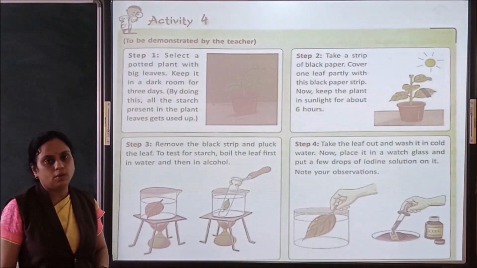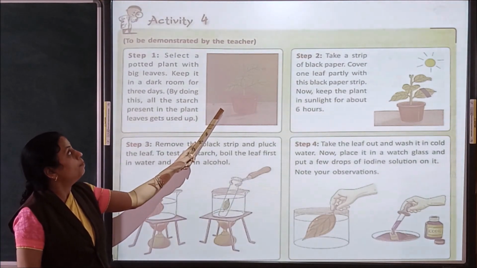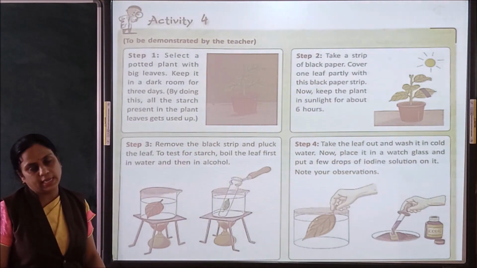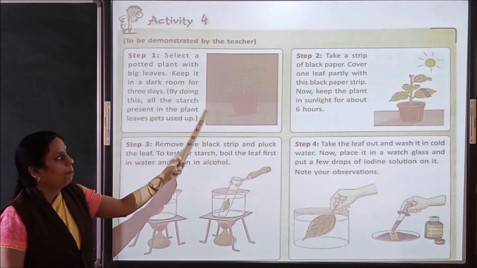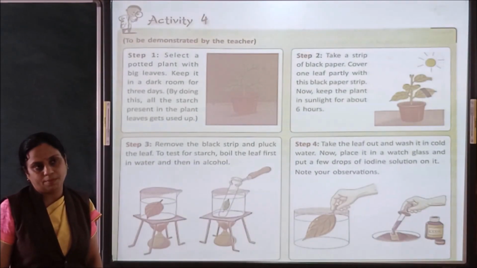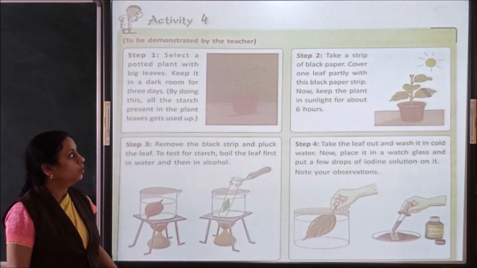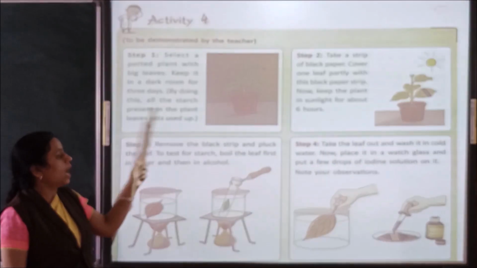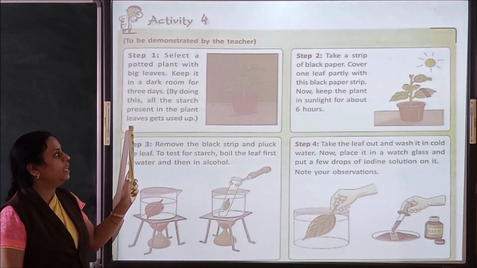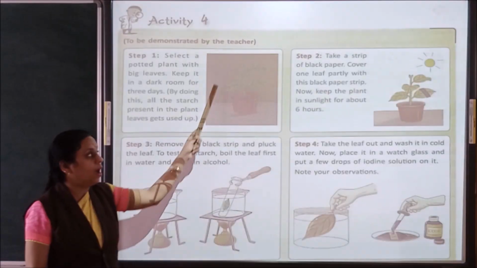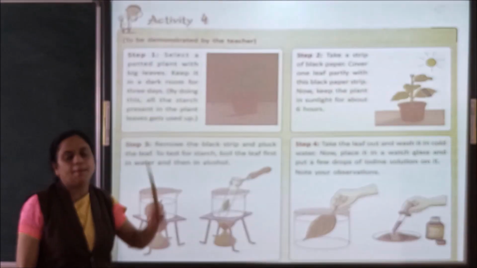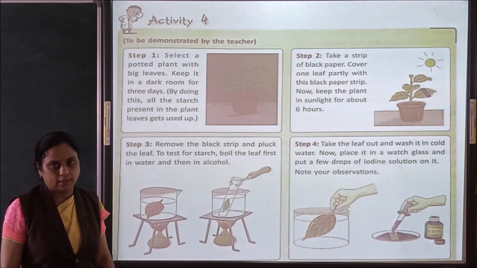For this, you have to take a potted plant with big leaves and keep this plant in a dark room. Why? So that the starch present in the plant leaves gets used up. This potted plant is kept for 3 days.